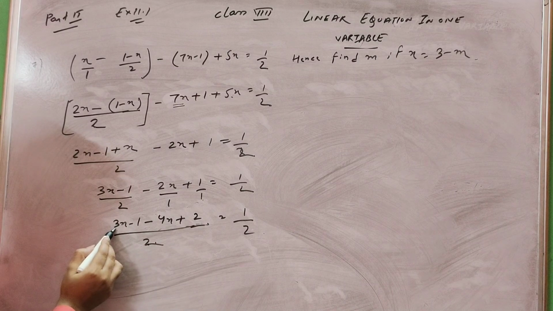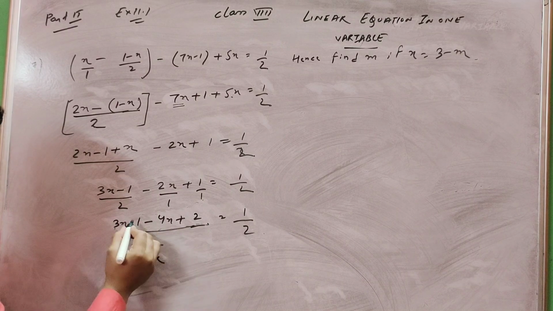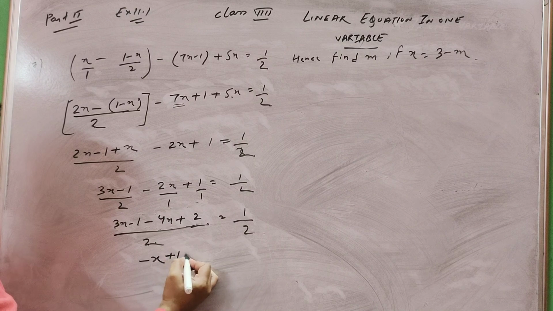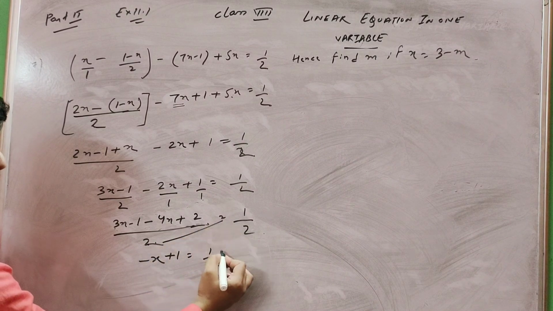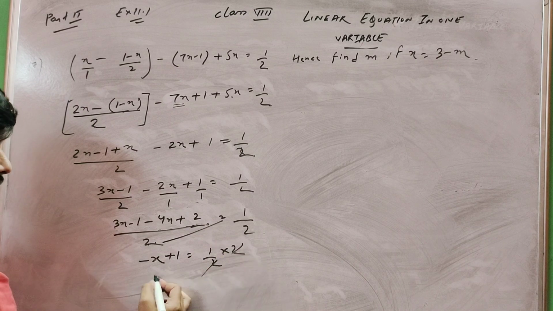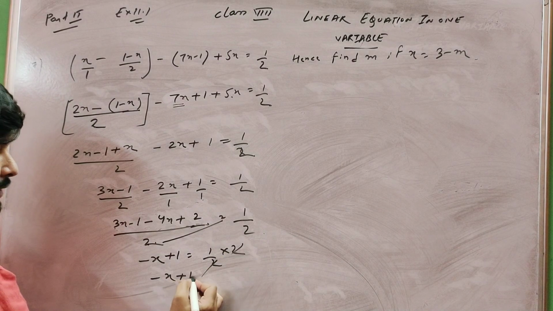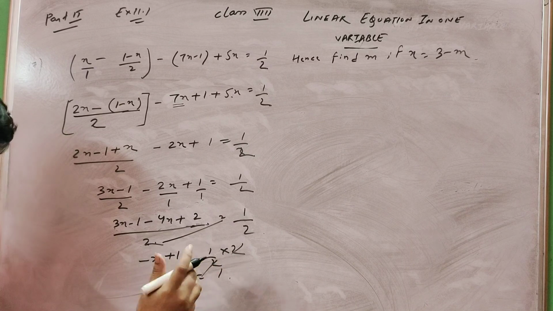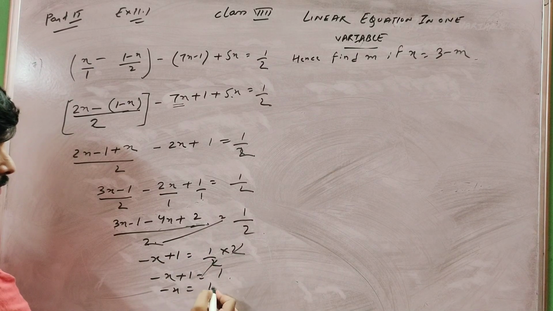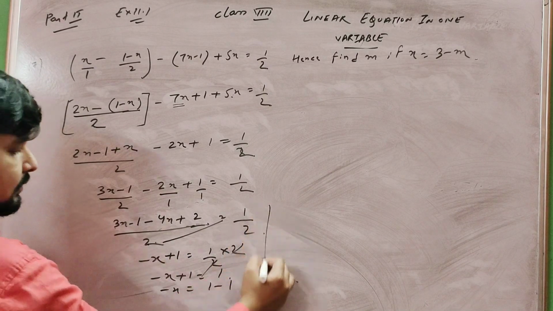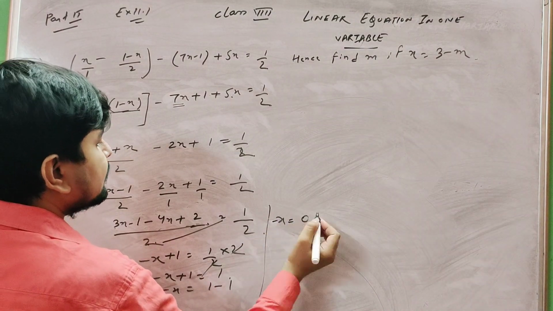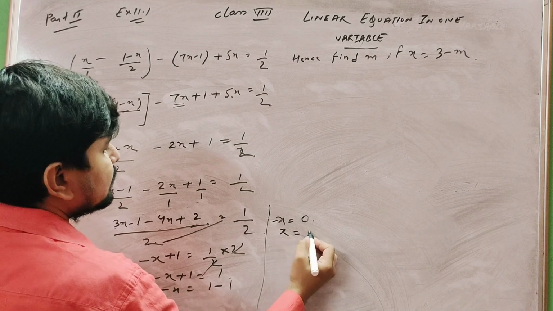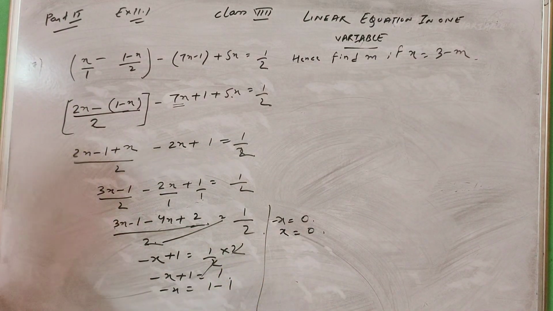So 3x minus 4x is minus x, minus 1 plus 2 is plus 1, equals 1 by 2, and multiplying this side by 2, the 2s cancel, so minus x plus 1 equals 1. So minus x, 1 minus 1 is 0, so x equals 0. The value of x equals 0.